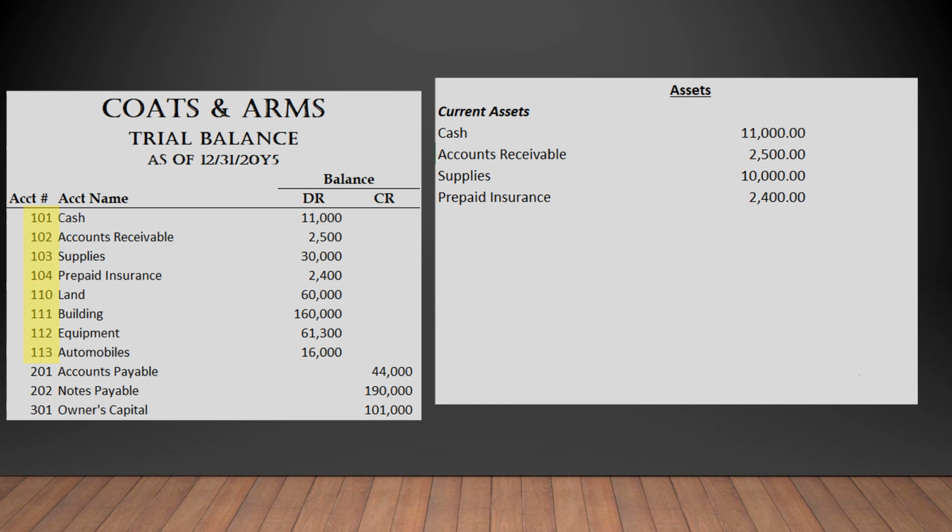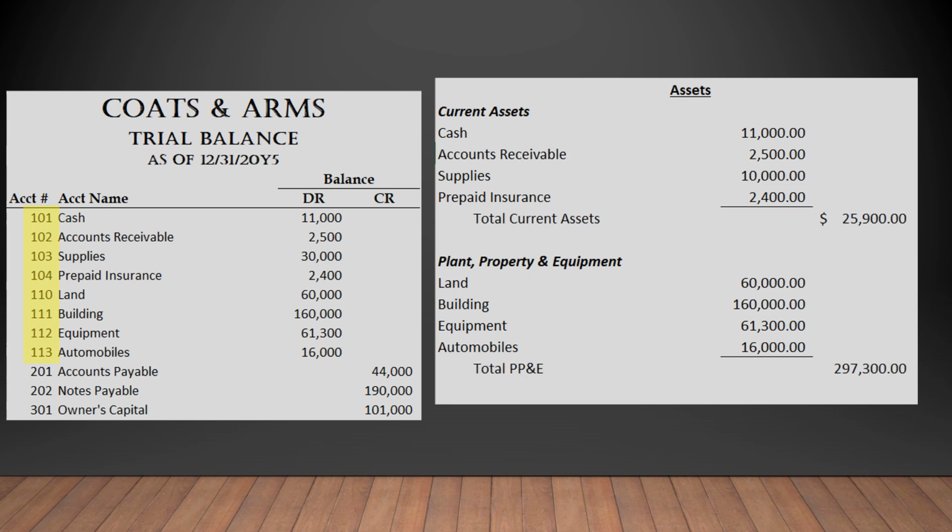For Coats & Arms, we only have one group of non-current assets, plant, property, and equipment, namely land, buildings, equipment, and automobiles. You may hear of non-current assets being referred to as long-term assets, but be assured that they are one and the same. We then sum up our current and non-current assets, then sum those together to get our total assets.